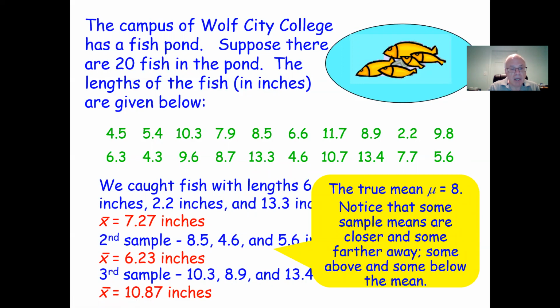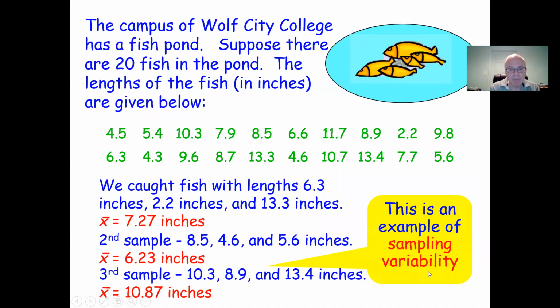The second sample and the third sample are further away from the actual mean. So you can see sometimes the sample mean is bigger than the population mean, sometimes it's smaller. All right, we now see sampling variability.